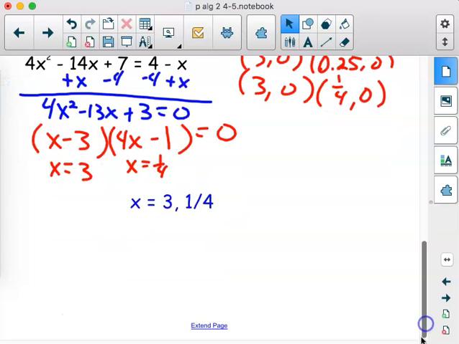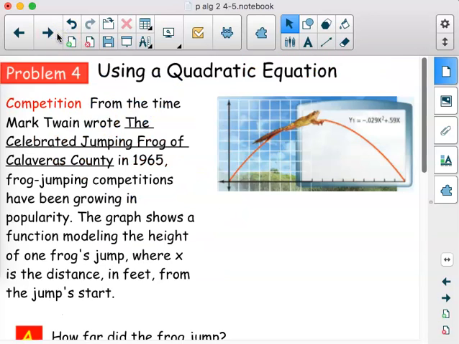Now, we haven't covered word problems yet from this section, so of course we have to do that. Problem 4 says, using a quadratic equation, from the time Mark Twain wrote The Celebrated Jumping Frog of Calaveras County in 1965, frog jumping competitions have been growing in popularity.